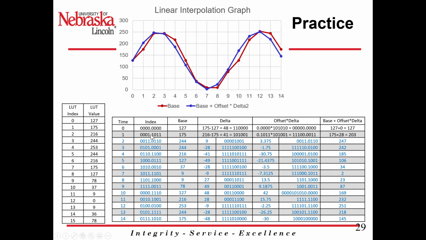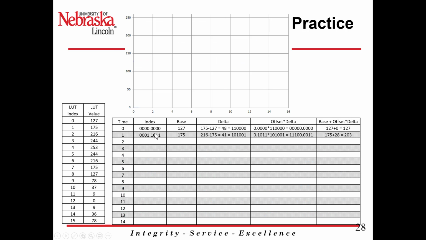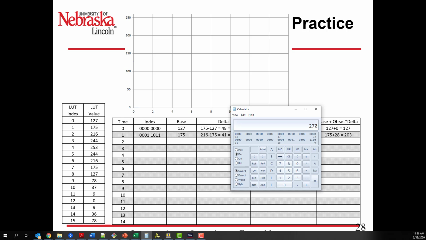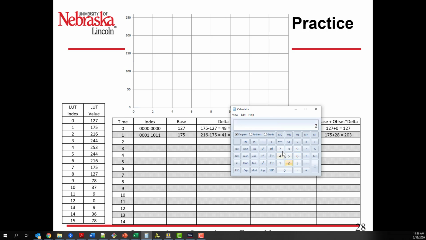you're indexing into the array by 27, 2 to the power of 4, 6, 7 to power 4, 1.6875.